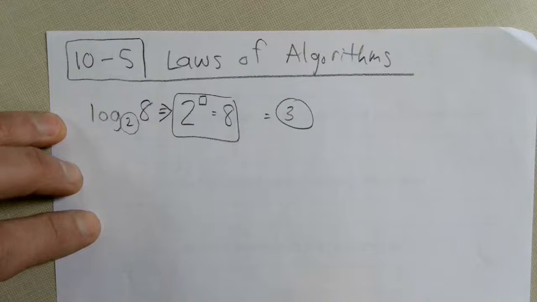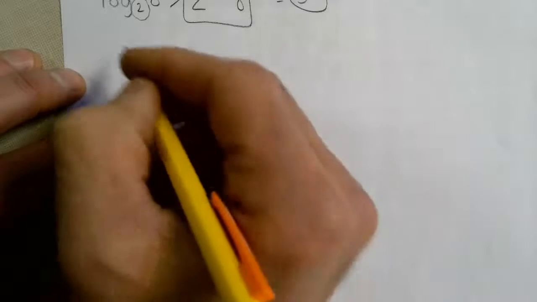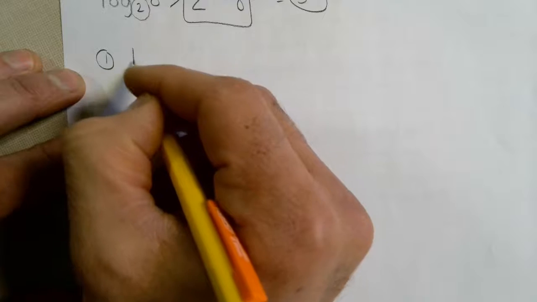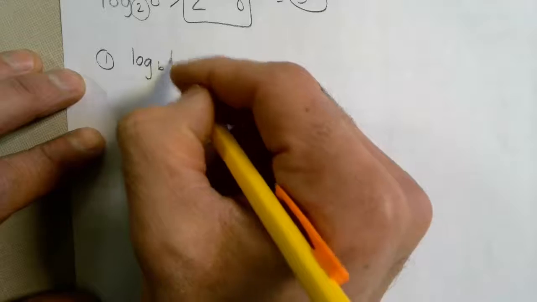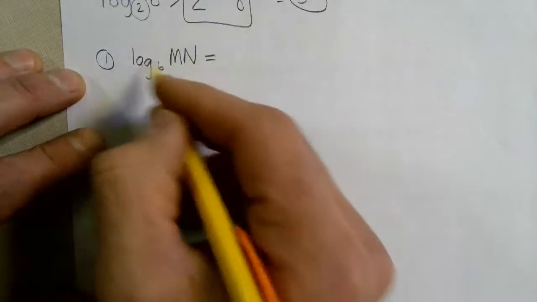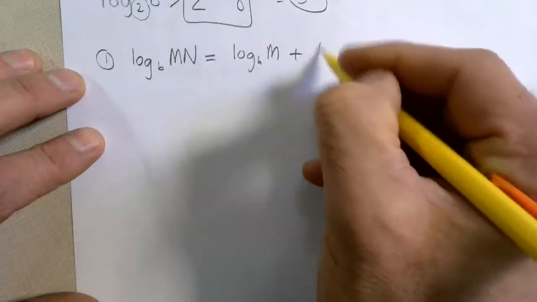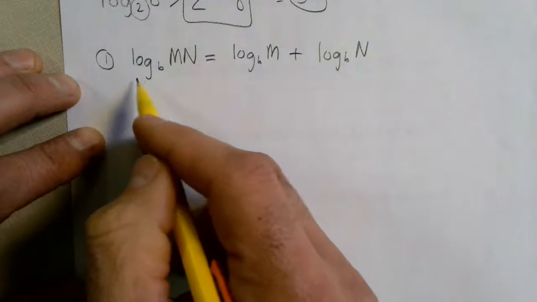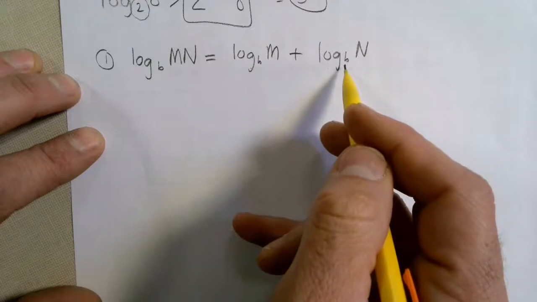Now this lesson gives us 3 different laws to help us solve and simplify problems using logarithms. So here's the first one. Whenever you have a log with a given base of 2 things multiplied together, you can find it by taking the log of the same base of each number and adding them together. So the log of a product is the sum of the log of each piece individually.